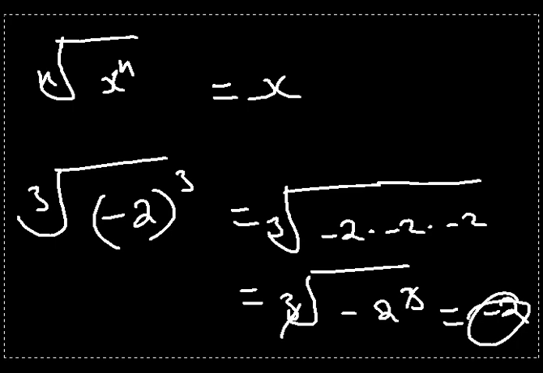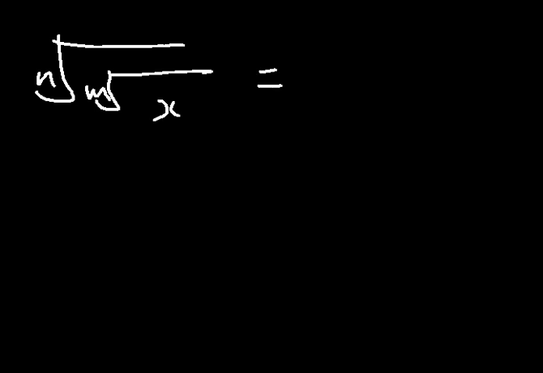So you see some of the practical examples to do with that. And now what if we also have this case? We should understand another property: if we have the nth root of the mth root of x, this is the same as the mnth root of x.